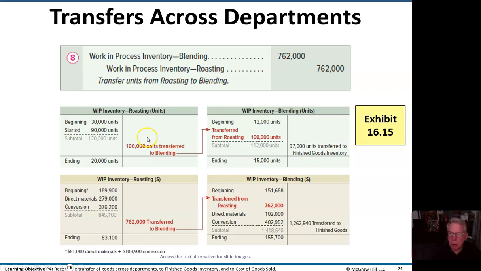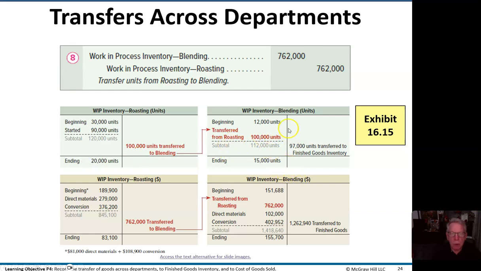So if we look at the T accounts as far as units go, here we had our beginning inventory in roasting, and we started 90,000 units, subtotal of 120,000. 100,000 were transferred to blending. So that left us with 20,000 units in roasting ending inventory.